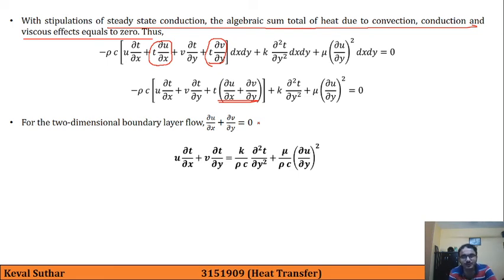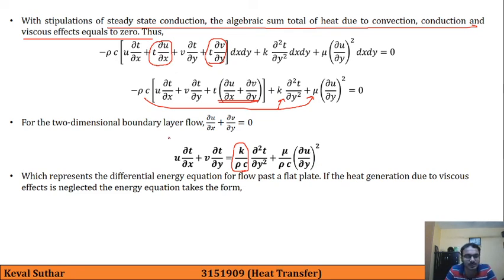That is, if you see, we have taken this rho c in the denominator of both, and we have taken the remaining thing on the left hand side and the other things on the right hand side. So here the final equation that we are getting is u into del t by del x plus v into del t by del y is equal to k by rho c. If you recall, k by rho c will be our alpha, that is thermal diffusivity, del 2t over del y square plus mu upon rho c del u upon del y whole square.